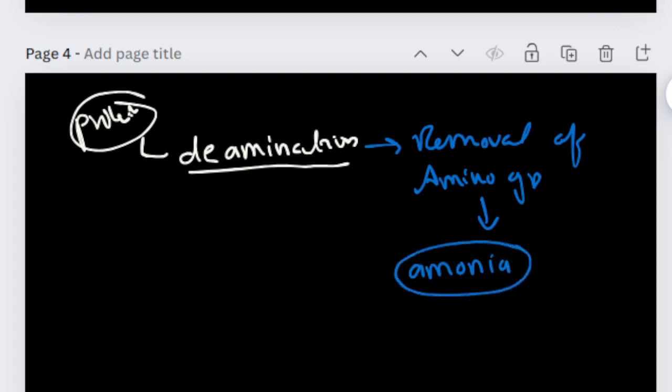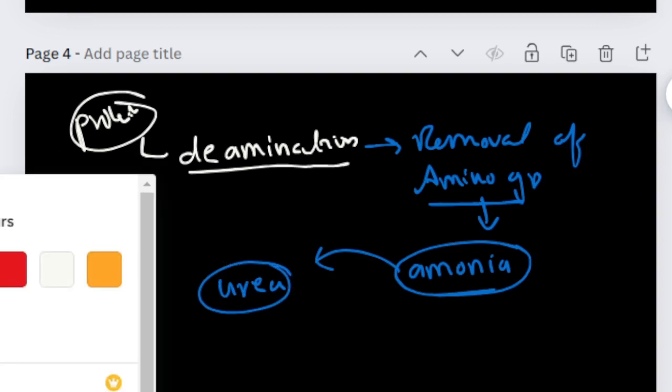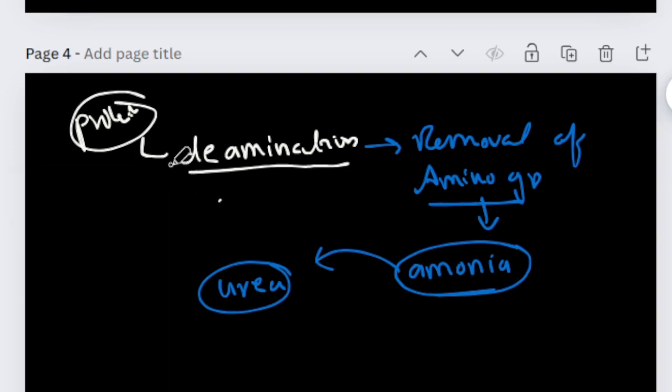When ammonia is produced, what happens? It is converted into urea. So first of all, deamination: removal of the amino group, ammonia, and this converts into urea. This is the first one.